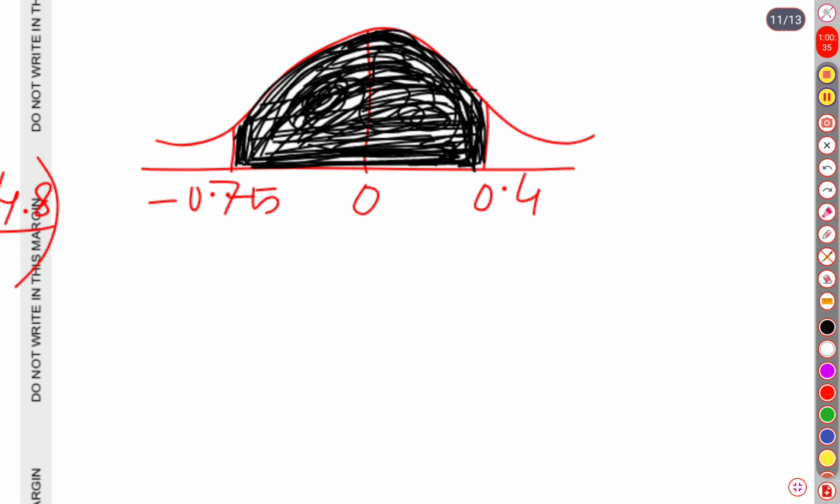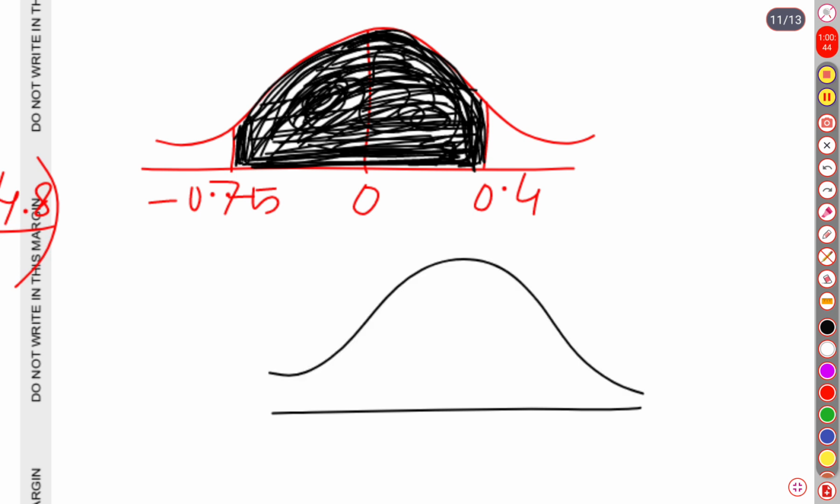So how can we find this probability? Let me draw another curve. We require this part.